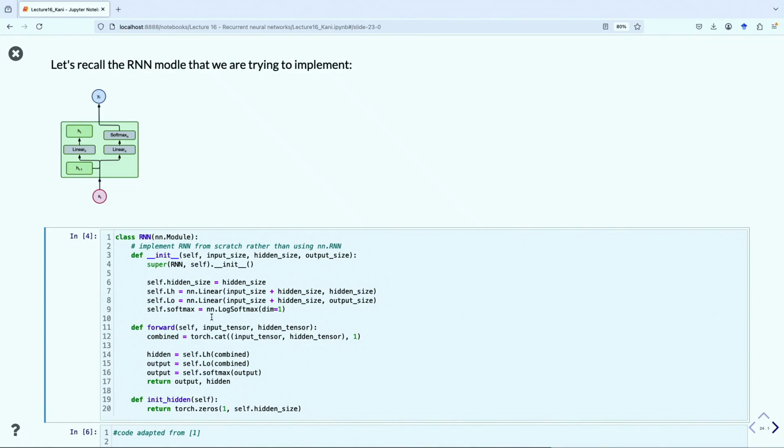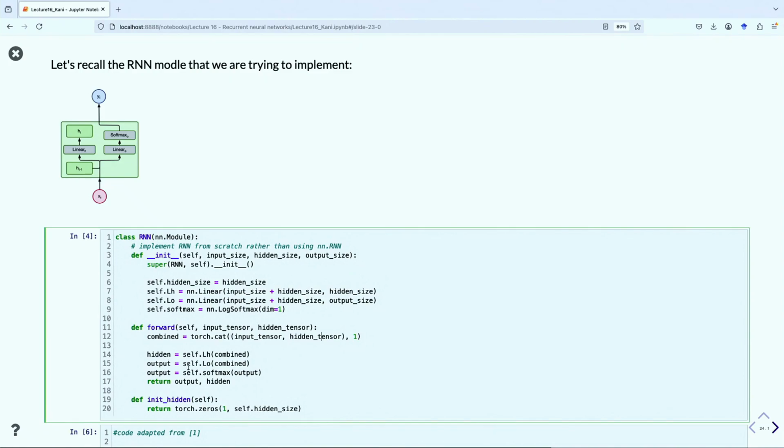So we need to initialize these hidden layers, and then we need to know what the hidden size is. We could choose a hidden memory element of any size. And then we just calculate the forward network. We simply say the hidden is equal to the linear layer on the combined input and hidden, where the input tensor and the hidden tensor are concatenated.